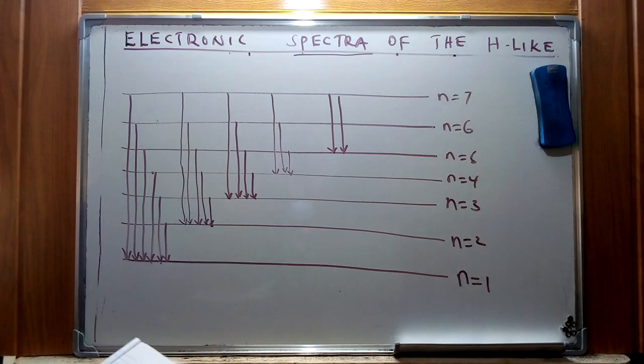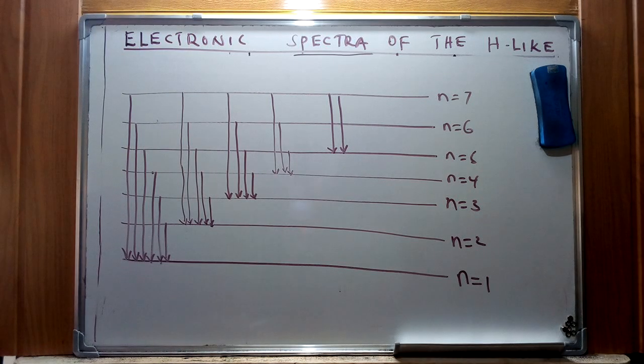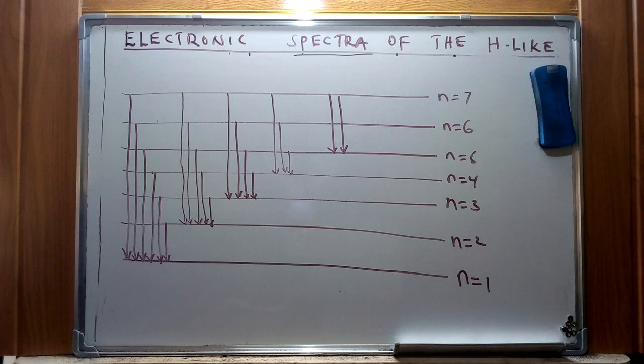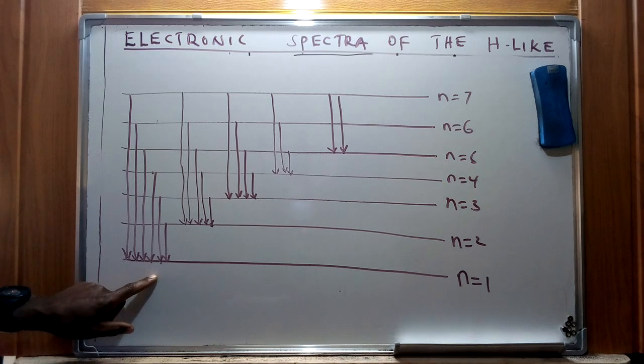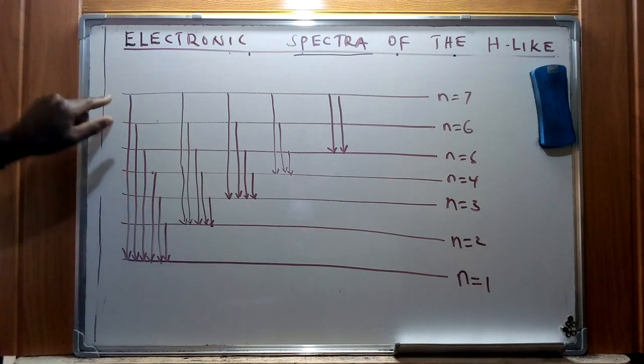And therefore we are going to see that we have different names for these various transitions. Of course, we are going to consider the value for n1 at this specific point, showing the transitions from n2, n3, n4, n5, n6, and n7.